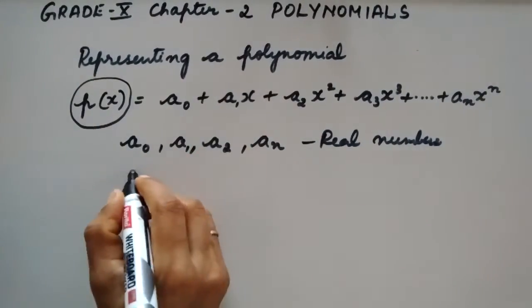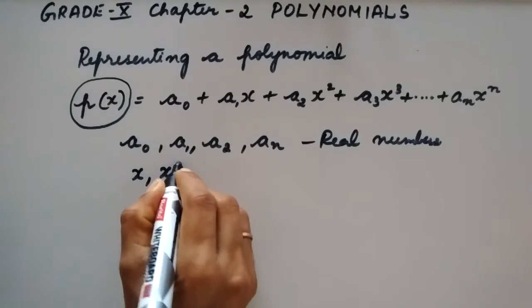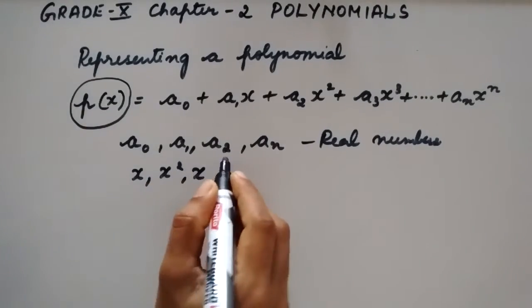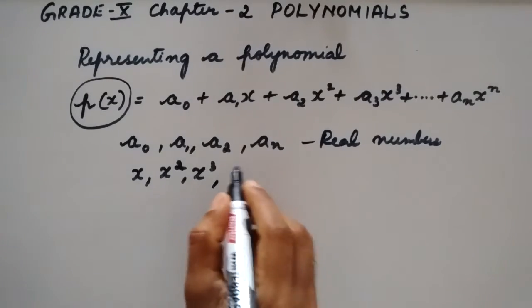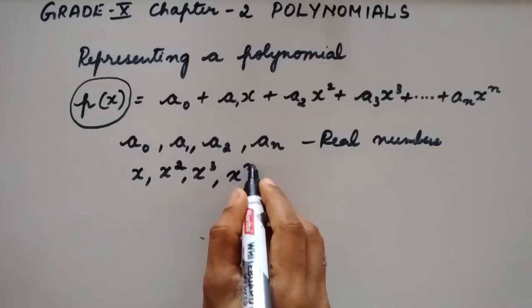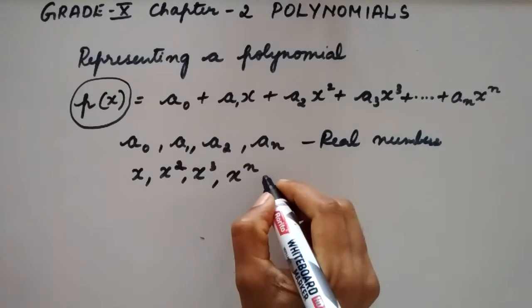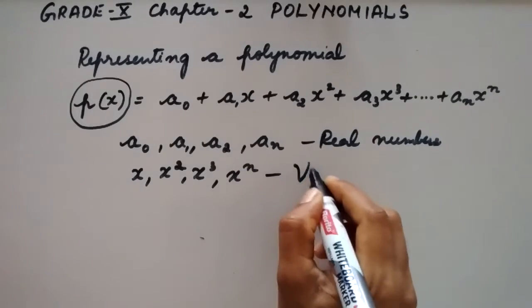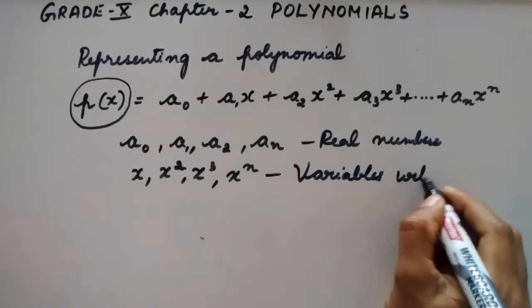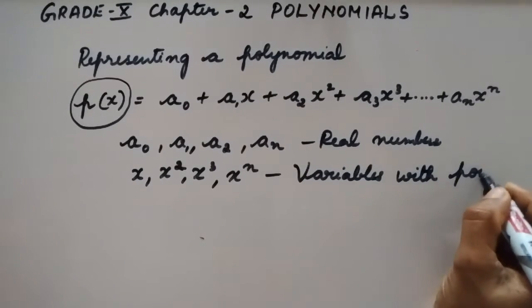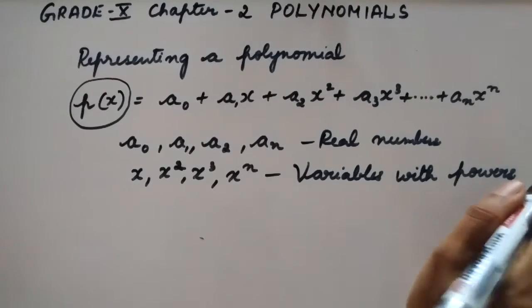What about x, x to the power 2, x to the power 3, it is x squared, x cube, x to the power n. These are the variables with powers.